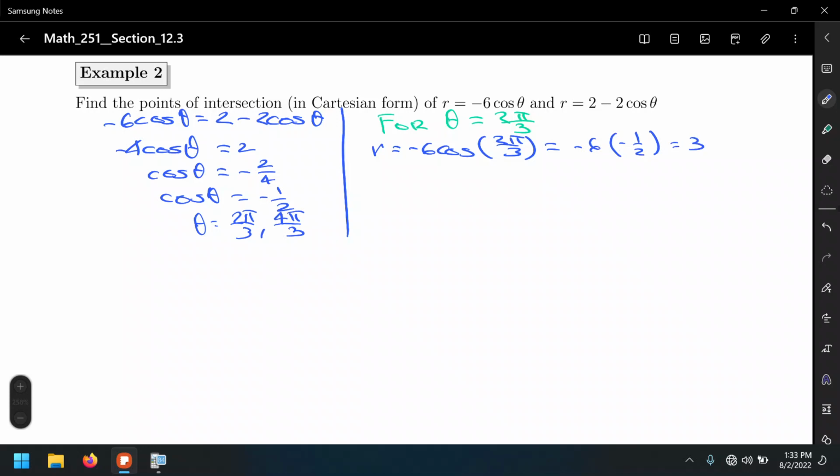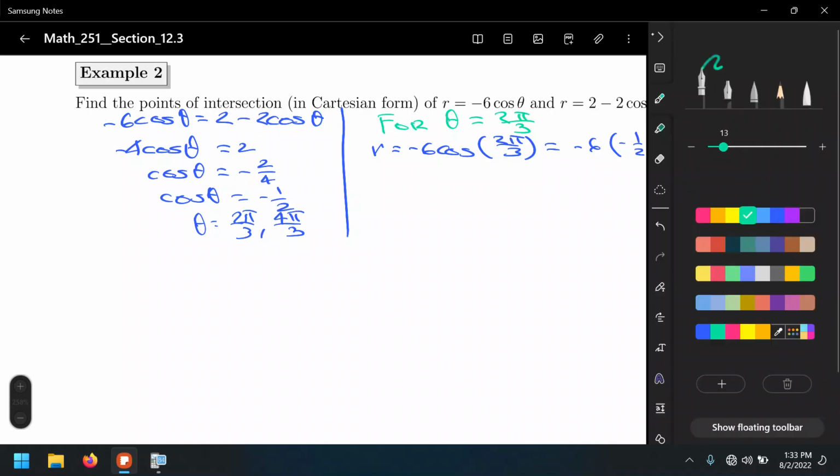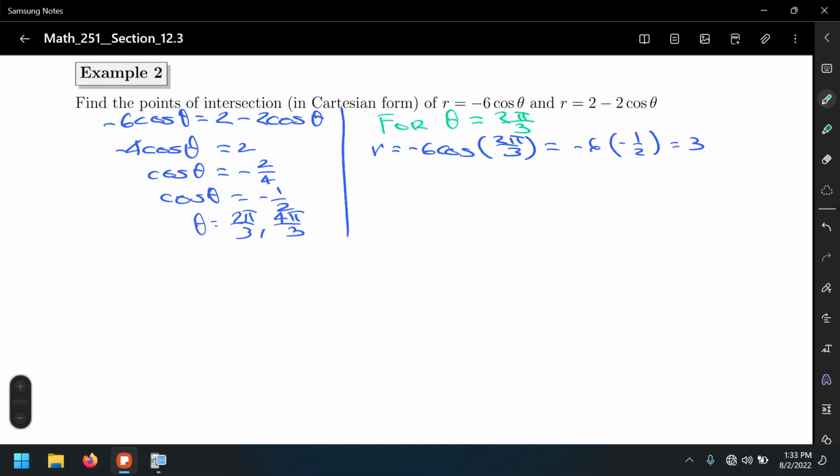So that means that we have another pair of the form, and I'm going to write it out so you can see what we're representing here. So (r, theta) is a radius of 3 and an angle of 2 pi over 3.